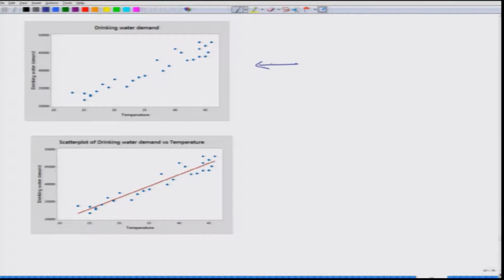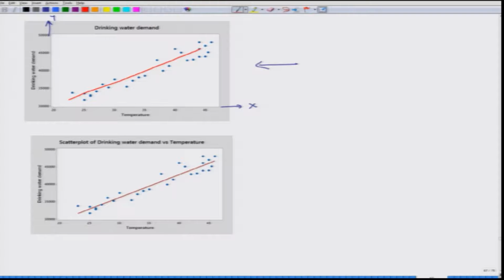You can see here on this axis we have the x-axis, and on this axis we have the y-axis. This scatter diagram is trying to indicate that there can be a linear trend over here.